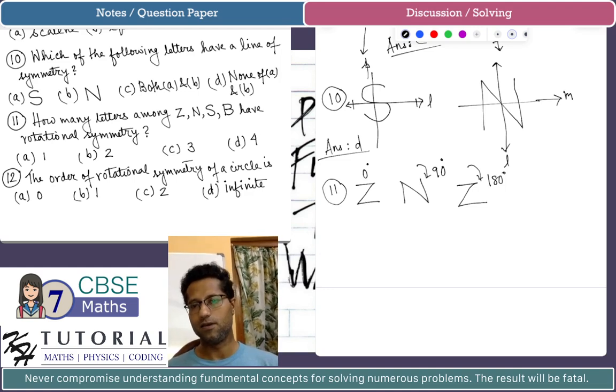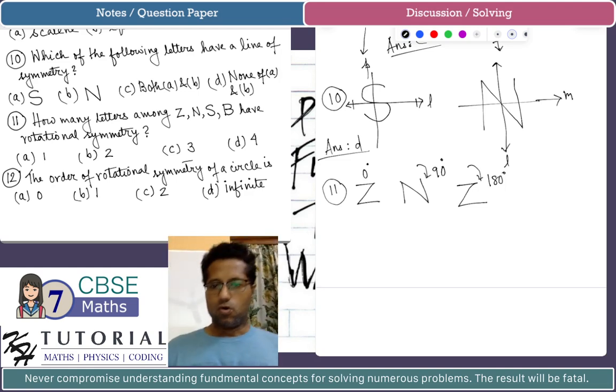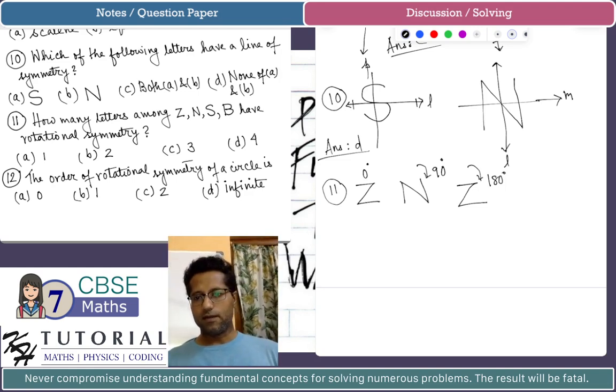Then only can we say it has rotational symmetry, because at 360 degrees it will anyway look identical. We have already found that at 180 degrees the letter Z looks identical. So definitely Z has rotational symmetry.